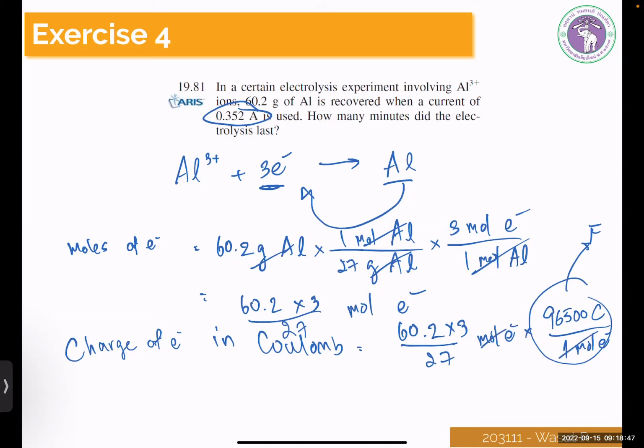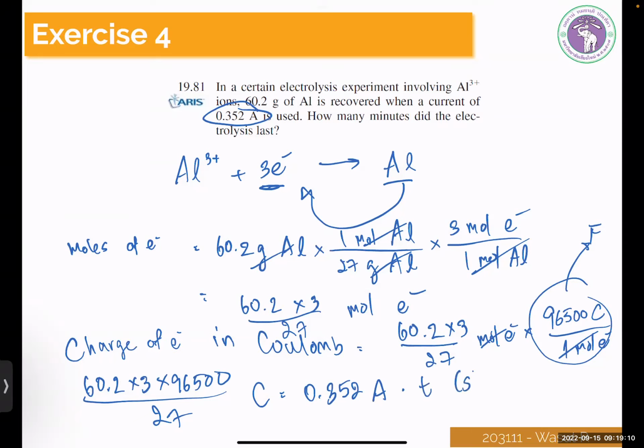Now that I have the charge in coulombs, the charge in coulombs is the electrical current, 0.352 amperes, times the time in seconds. This is something I don't know at the moment, but I can solve this equation. So I divide the left-hand side by 0.352, and I get the time in seconds that actually elapsed. So what's my answer? Let me figure this out.